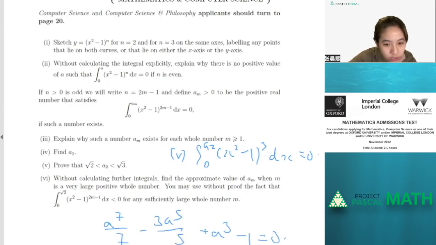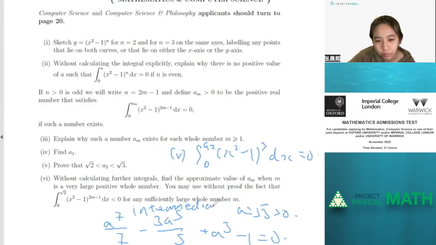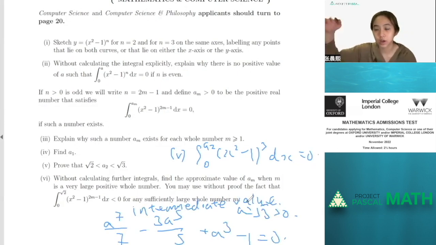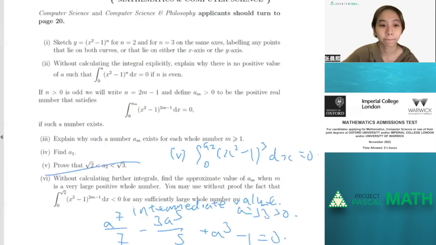When a equals root 2, this is negative. When a equals negative root 3, this is positive. So by the intermediate value theorem, this crosses the graph of y equals 0 at some point. So this is true.